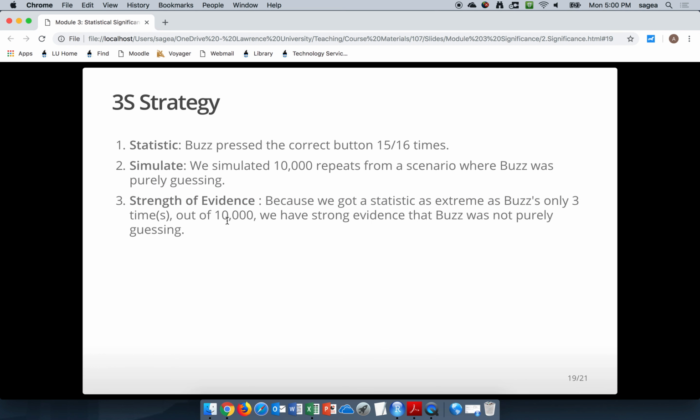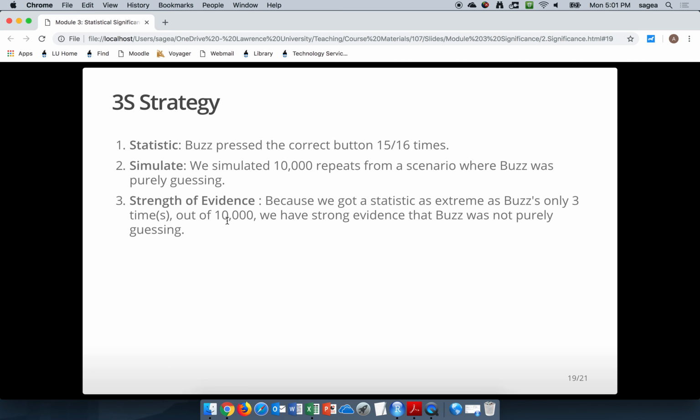We've looked at hypothesis testing through what the textbook refers to as the 3S strategy. We observed a statistic from our sample. The dolphins pressed the correct button 15 out of 16 times. We then simulated a situation where the dolphins were purely guessing, where the null hypothesis, the by chance alone theory, was true.